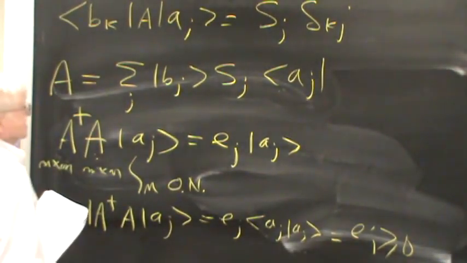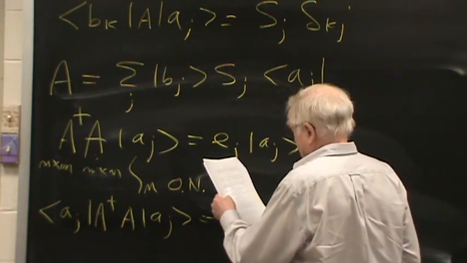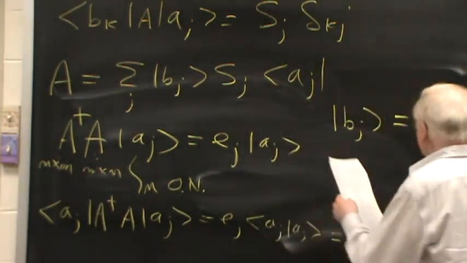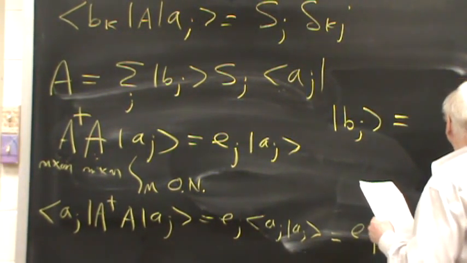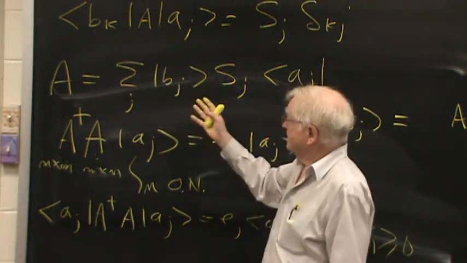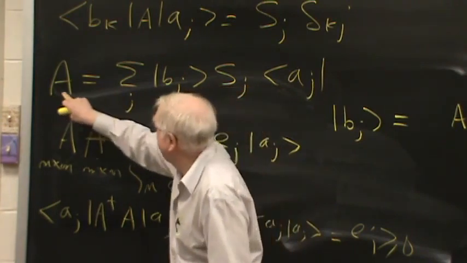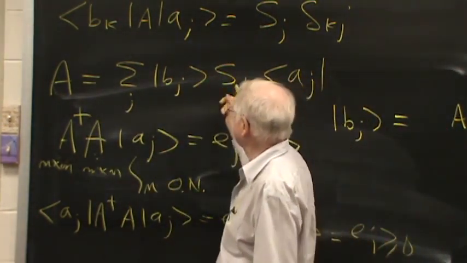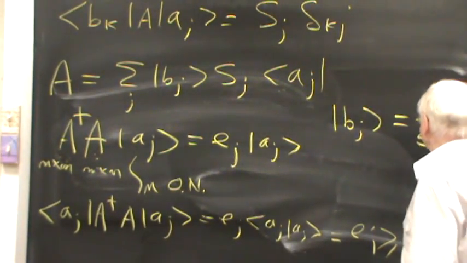Well, the bj's are kind of obvious because, from the point of view of a vector, they're what A maps aj into. In other words, this form says that when A acts on aj, it maps it into sj times bj, and so we divide by sj.